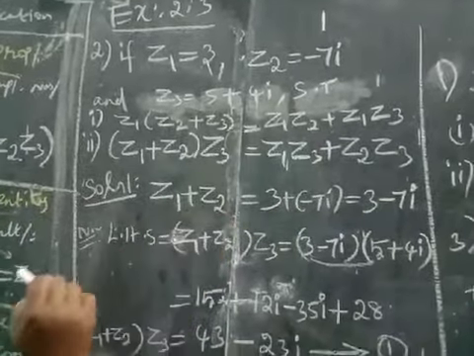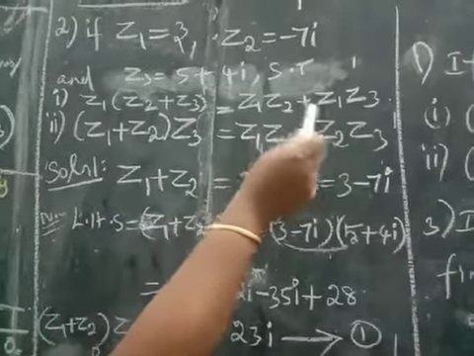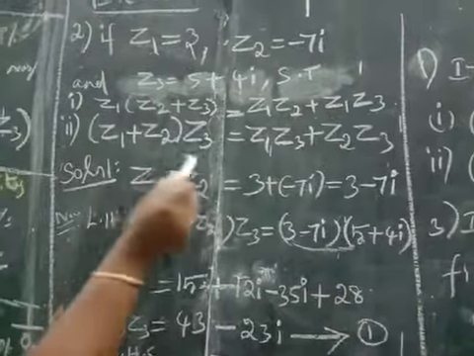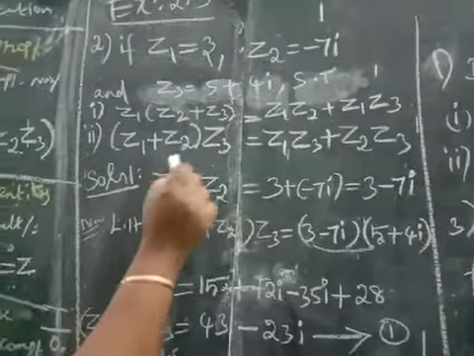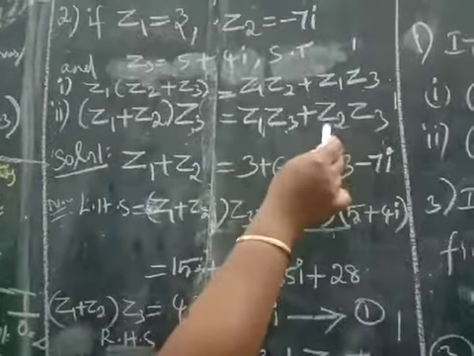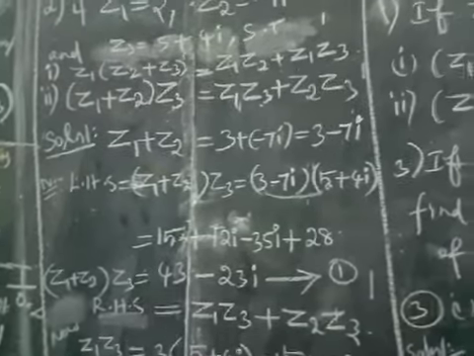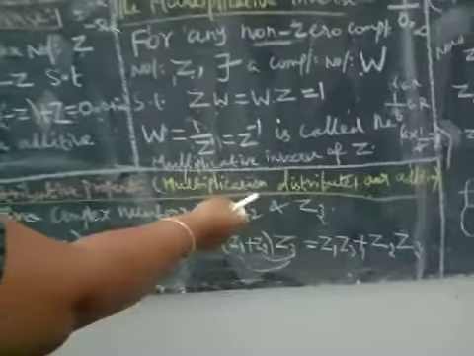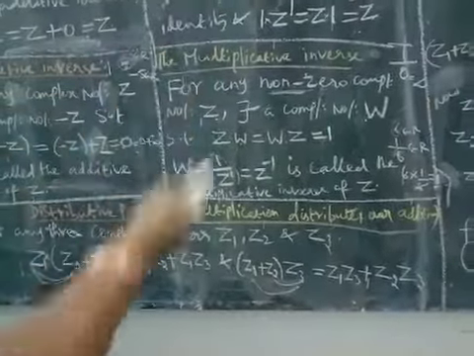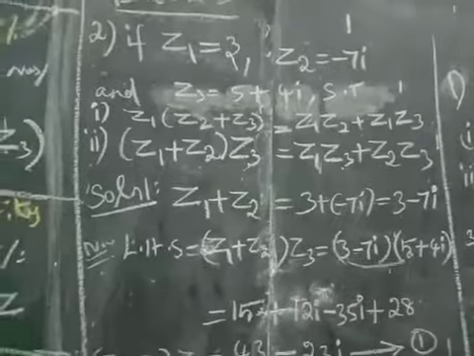Show that z1 into (z2 plus z3) is equal to z1 z2 plus z1 z3, and the second question is (z1 plus z2) into z3 is equal to z1 into z3 plus z2 into z3. Do you remember what property this is? It's nothing but the distributive property. Multiplication distributes over addition, isn't it? So here three complex numbers are given, and they are telling us to show that these two are equal.